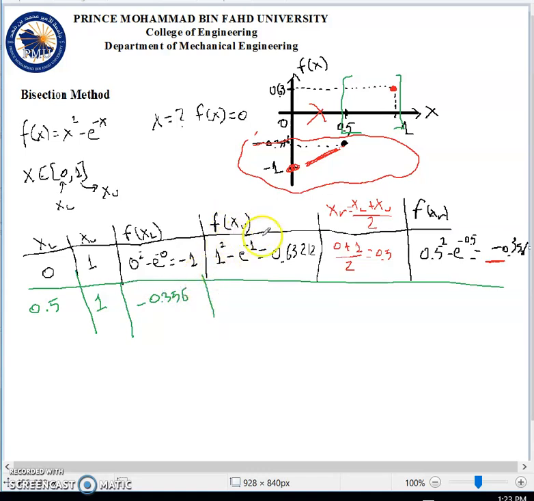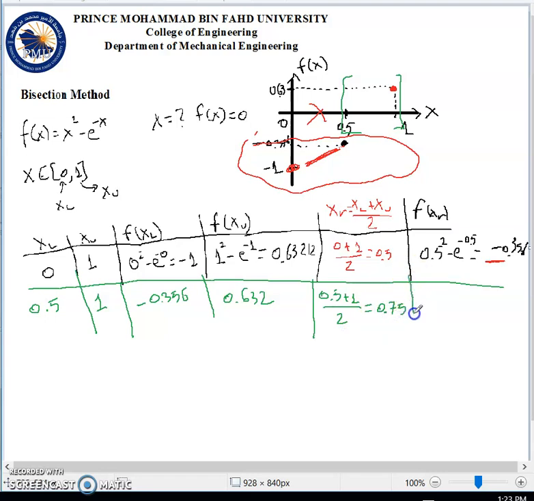The function at x upper we know to be 0.632. And now we want to find the new xr. The new xr will be, as we said before, x low plus x upper over 2, but with these values now. So we'll have 0.5 plus 1 over 2, which gives us 0.75.